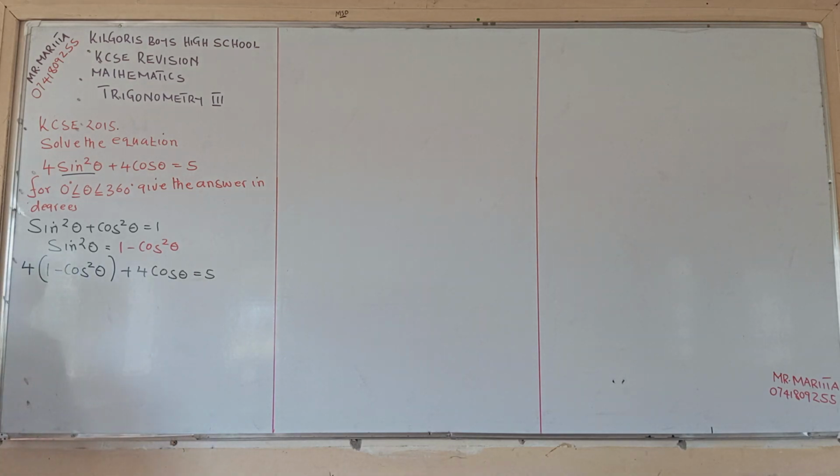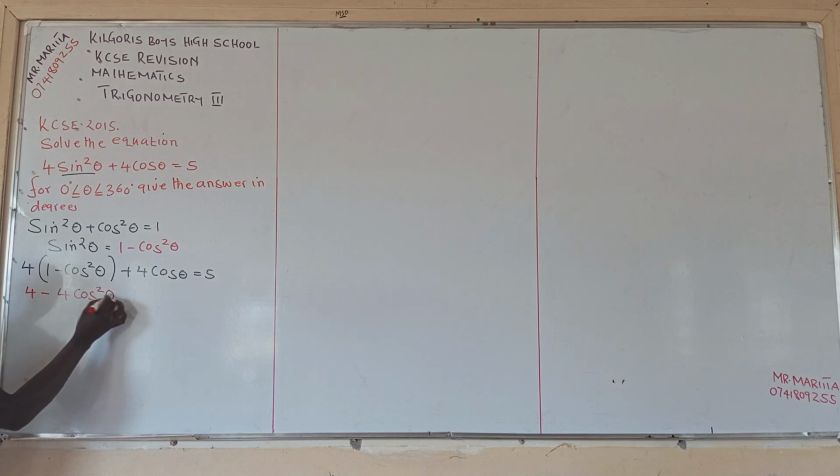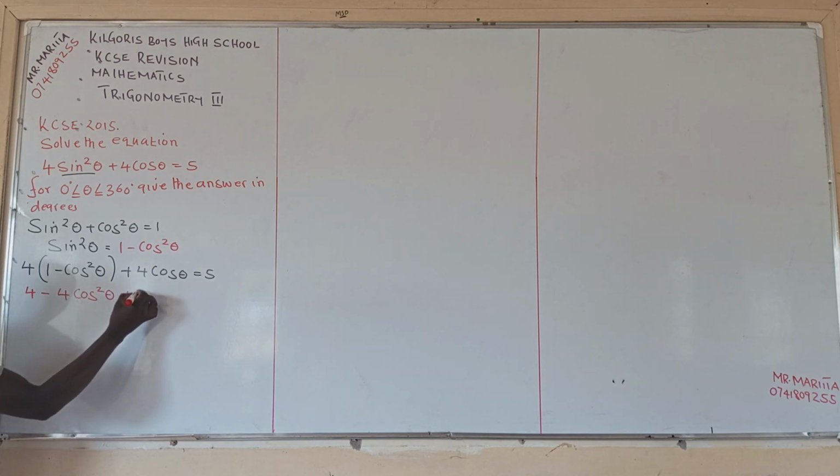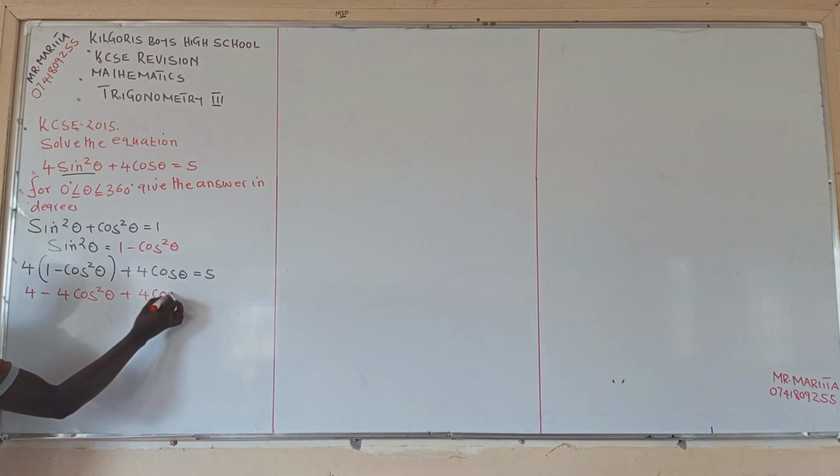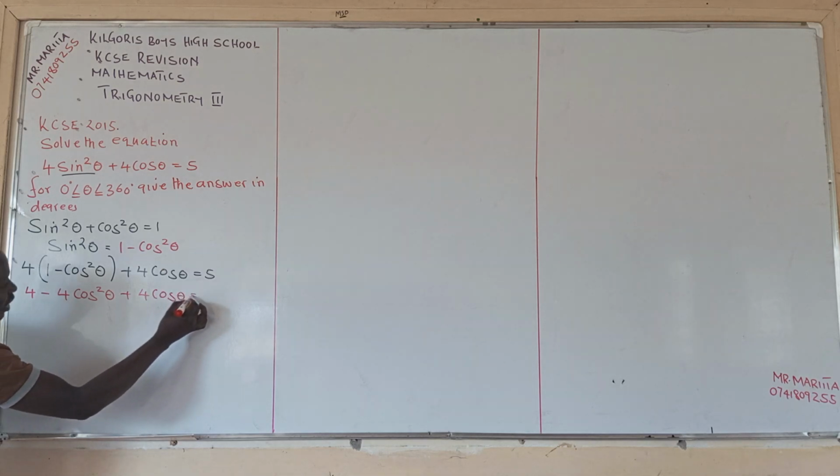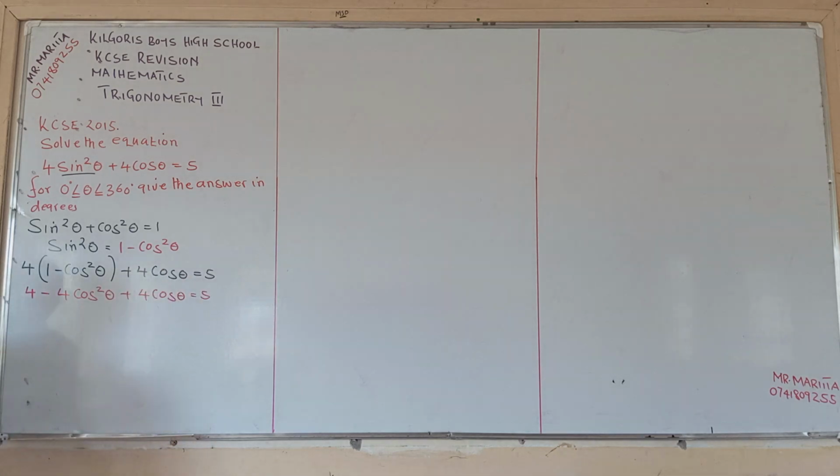We open the bracket, so we have 4 times 1, which is 4, minus 4 cos squared theta, then plus 4 cos theta, and this is equivalent to 5.